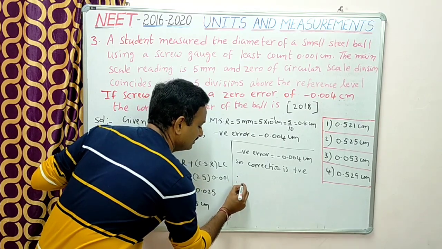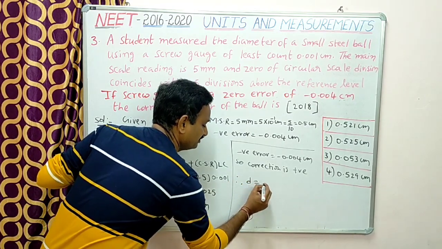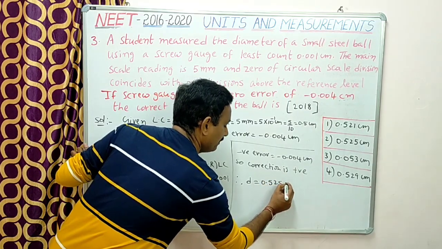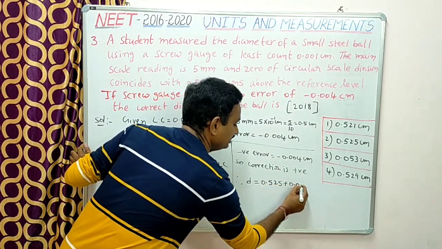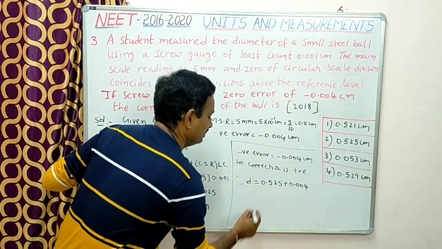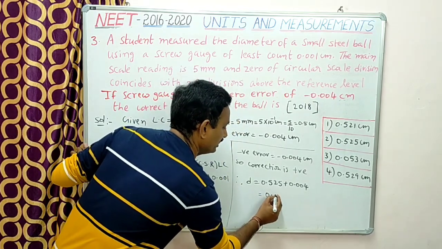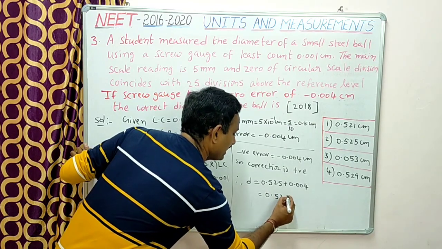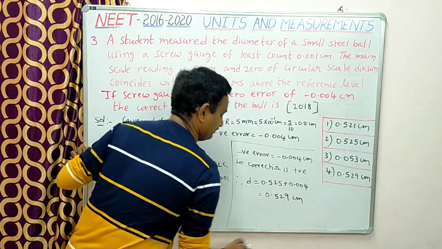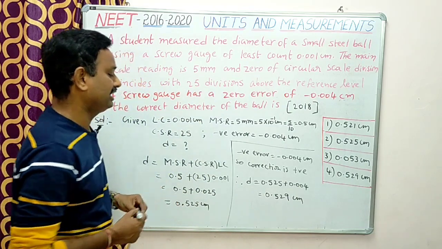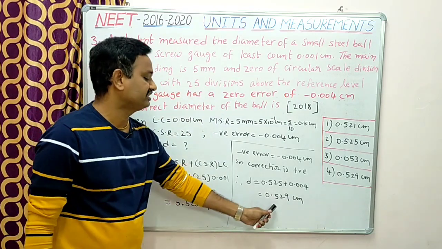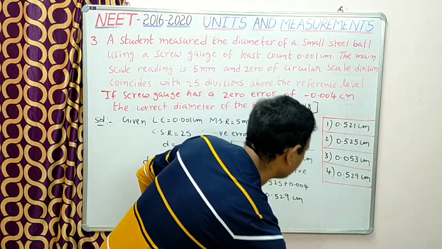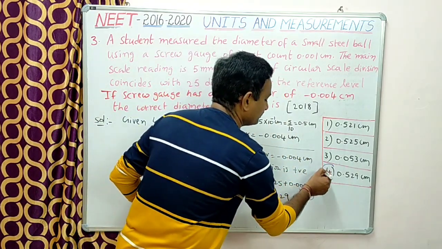Therefore diameter of the ball is equal to 0.525 plus 0.004, that is equal to 0.529 centimeter. Okay. So we got a diameter 0.529 centimeter. So answer is option 4. Option 4 is the answer.